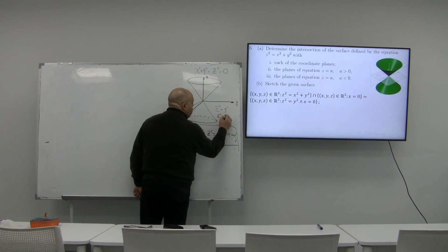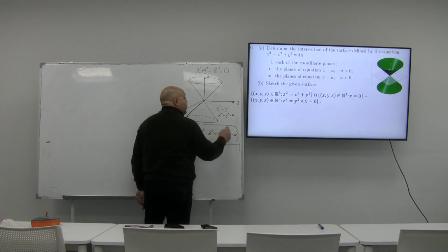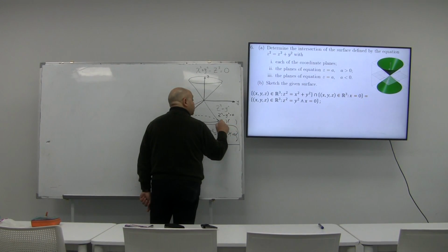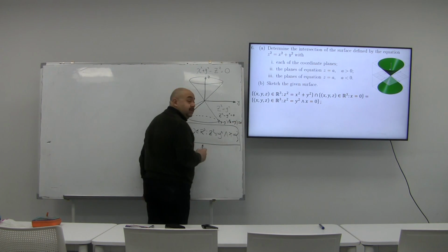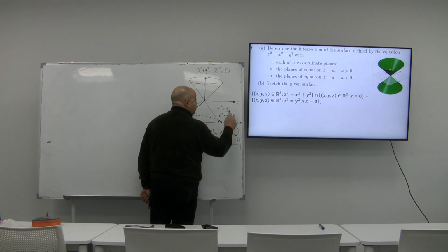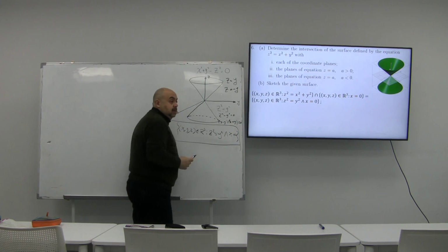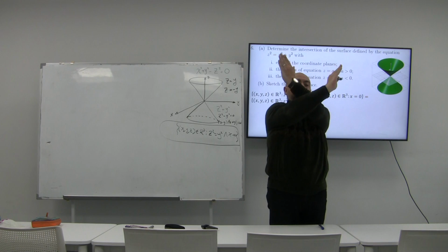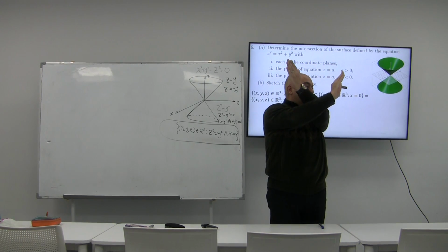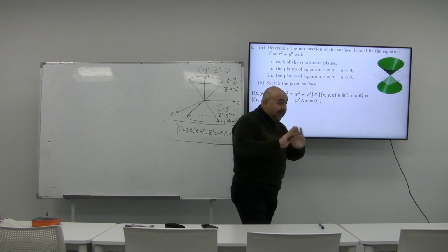It will be z squared minus y squared equal 0, which can be factorized simply. Am I right? Z minus y, z plus y equal to 0. So you will end up having either z equal y or z equal negative y, which means in the zy plane just only two straight lines like this. Two intersecting straight lines. Do you understand what I'm saying? So this is exactly right.